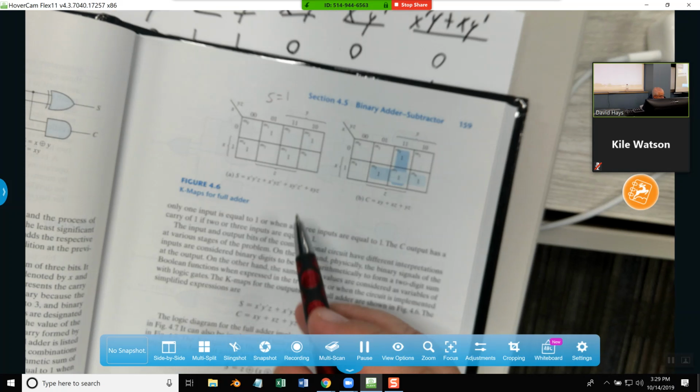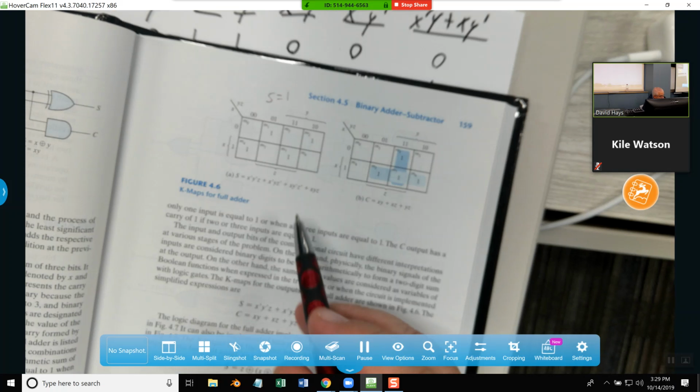And this pairing here would be XZ. Okay.